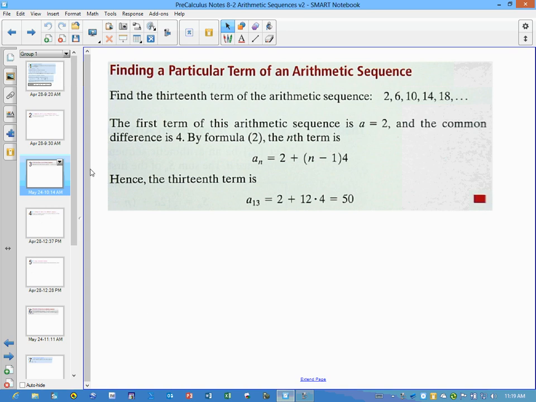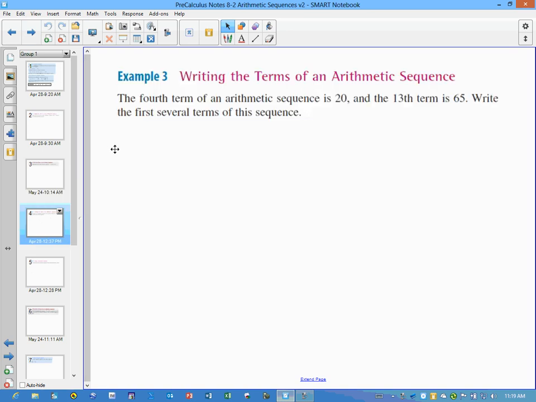For writing terms, let's look at writing the terms of an arithmetic sequence. Now here they tell us that the fourth term is 20, the 13th term is 65, and they want us to write the first several terms of the sequence. They want us to be able to show how the sequence begins and how it continues. So the idea here is we're going from the fourth term to the 13th term.